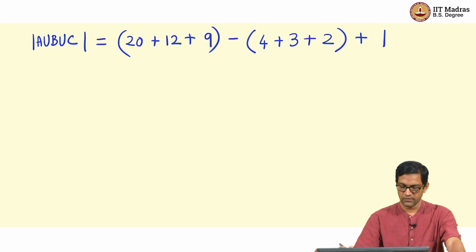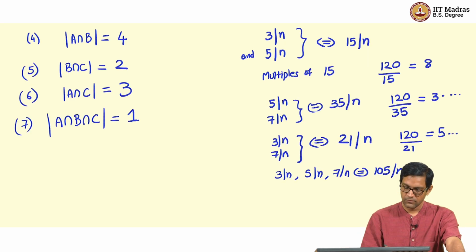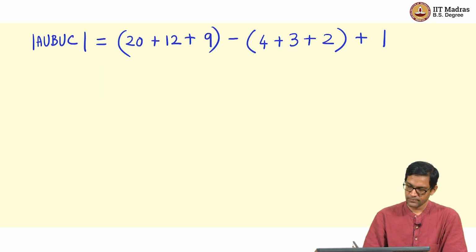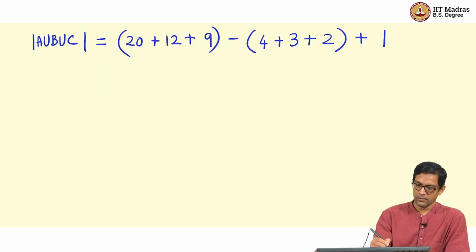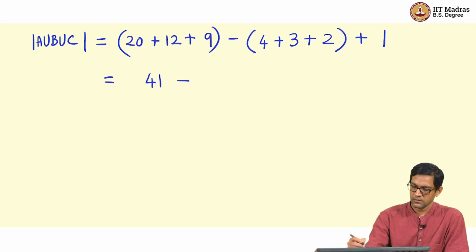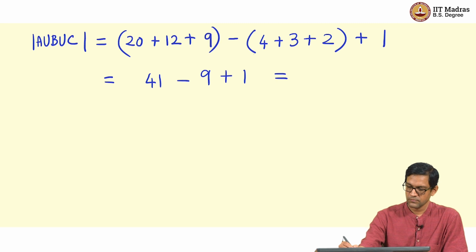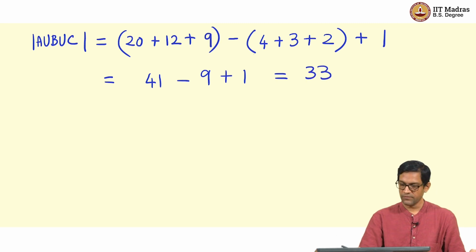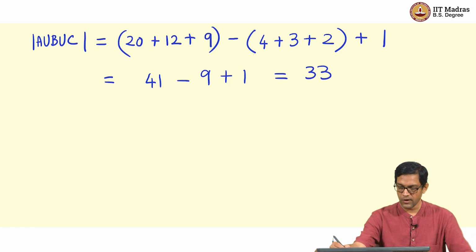So let us check that we got this right: 4, 2, 3 and a 1. Now what is this finally? That is 32, 41, then this is 7 plus 2, 9, plus 1, so that is 42 minus 9, so about 33 numbers. So what we have is 33 odd numbers.